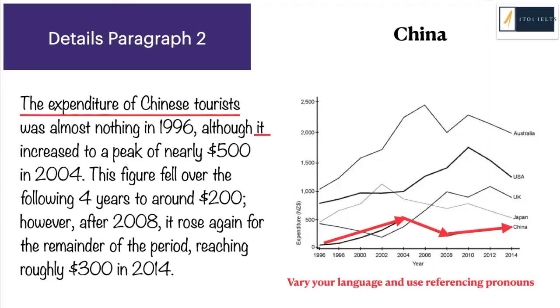This is a referencing pronoun. In the next sentence, I use the expression this figure. And then following that, once again, I use a referencing pronoun to reference this figure. To get a high score for lexical resource, it is really important to make sure that you are varying your language throughout your writing.